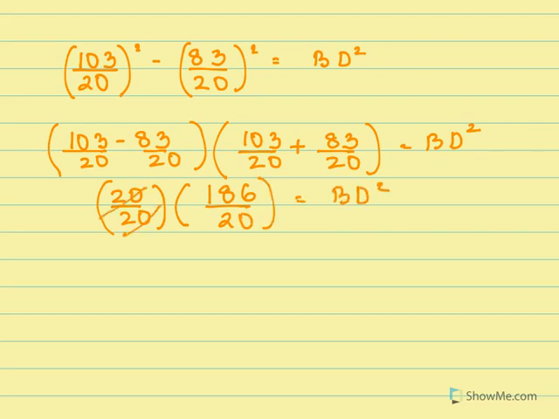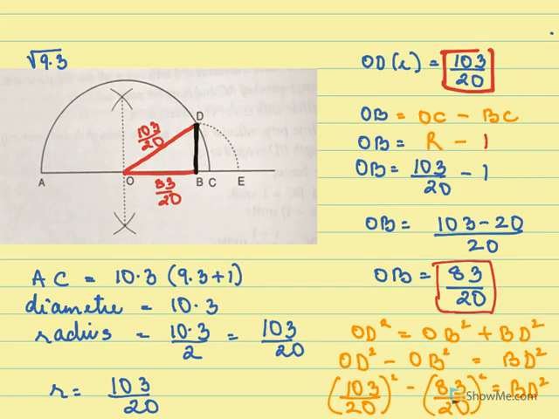This of course cancels out. So you have 186 over 20 equal to BD square. And 186 over 20 is 9.3 equal to BD square. So my BD becomes under root 9.3. So when I go back here, if you remember in your construction, this BD is the answer that we need, under root 9.3.